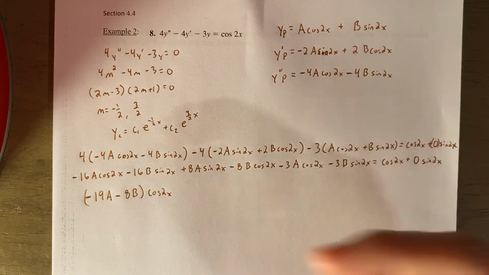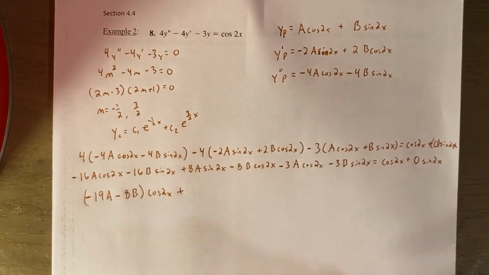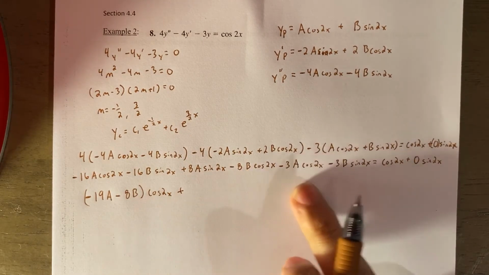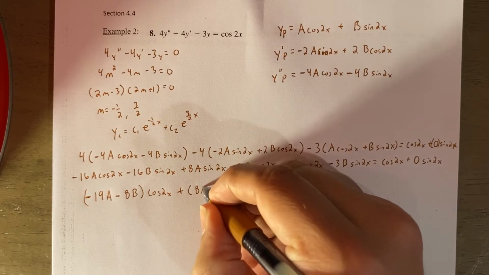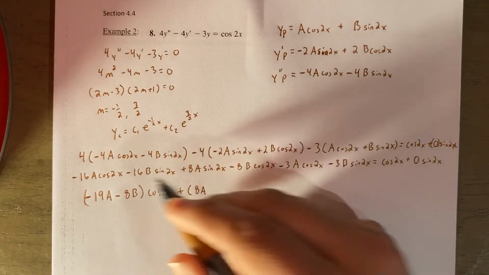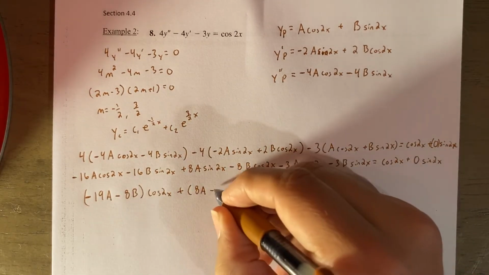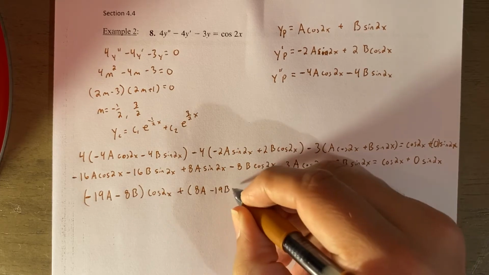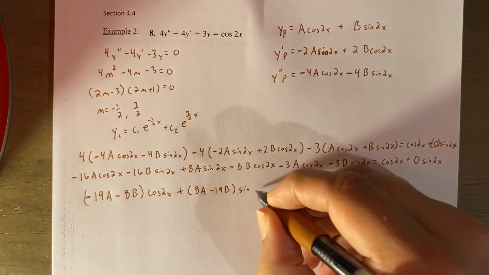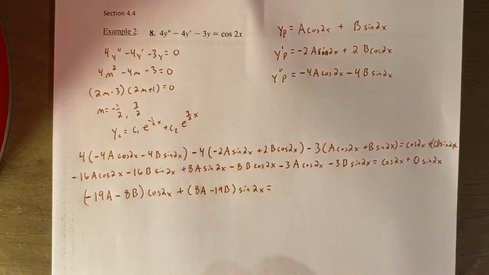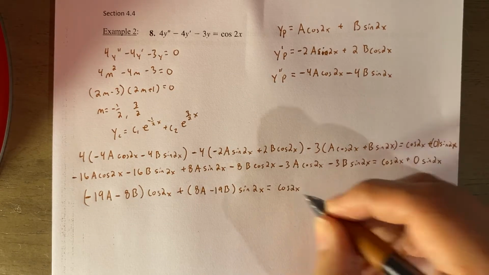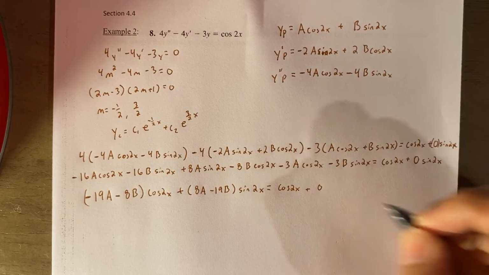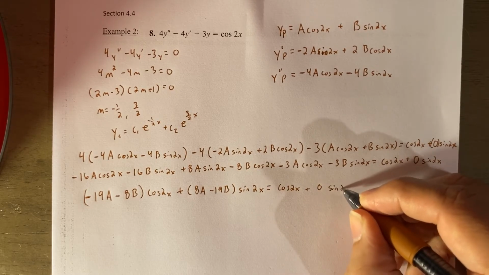So now I'm going to combine all of my sine of 2x's, and here I have an 8a, so I have 8a minus 19b sine of 2x, and that's equal to cosine 2x plus 0 sine of 2x.